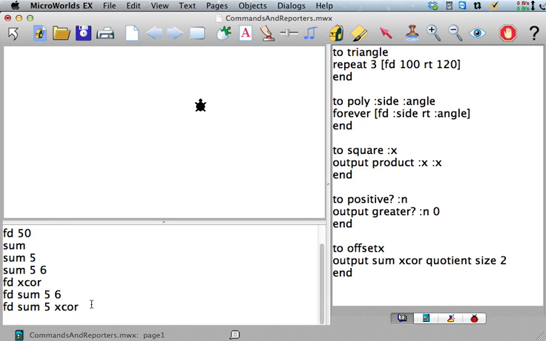So far those are the distinctions we've made, and in the next video I'm going to start talking about how we can write our own procedures that may be commands, may be reporters, may need input, may not need input, or can have different kinds of output. We'll look at that in the next video.